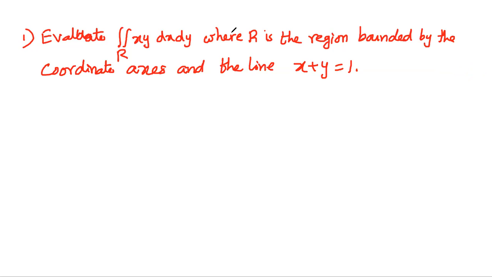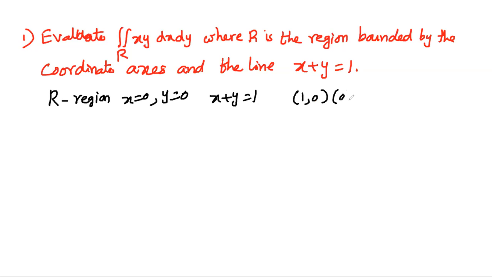Now here, R is the region, and x is equal to 0, y is equal to 0 is the origin. The line x plus y is equal to 1 means that 1 comma 0 and 0 comma 1 are the boundaries. Clear?